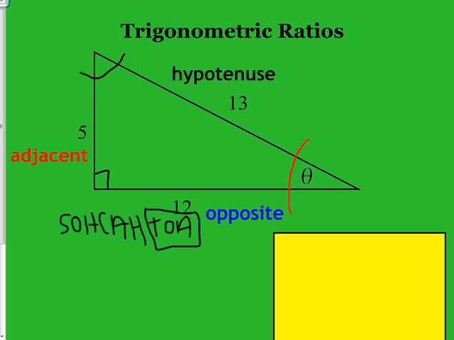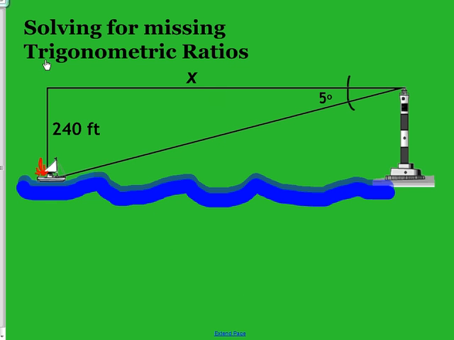With this information, we can use it to find unknown sides in a triangle. We know what the angle is, we know one side, but we're trying to find the other one. Immediately when you see this problem, you should notice we are talking about tangent, because we're talking about an adjacent side and an opposite side. The hypotenuse has nothing to do with this problem, so we don't need to worry about it.